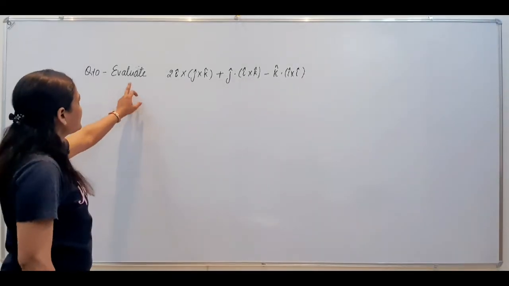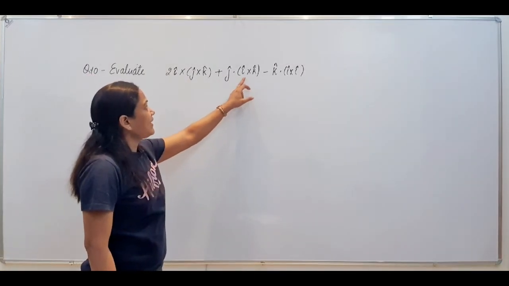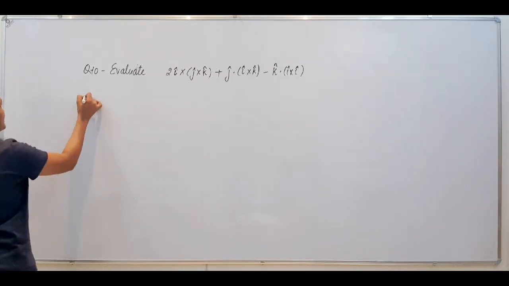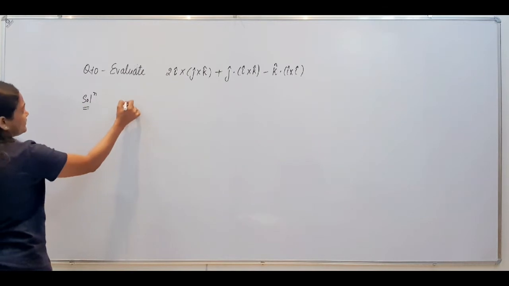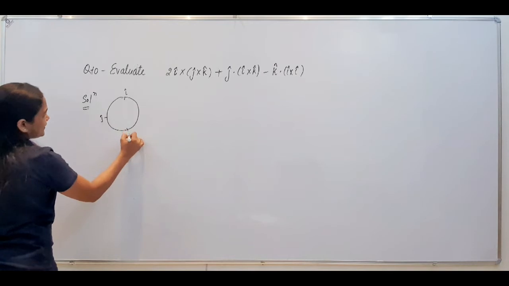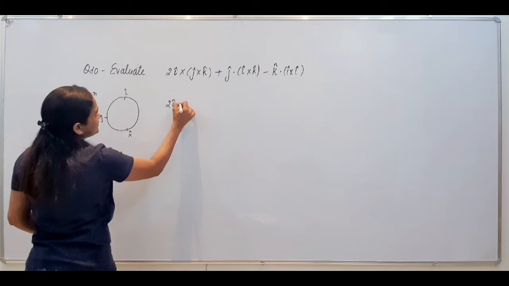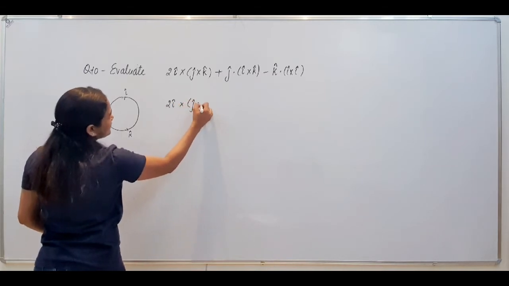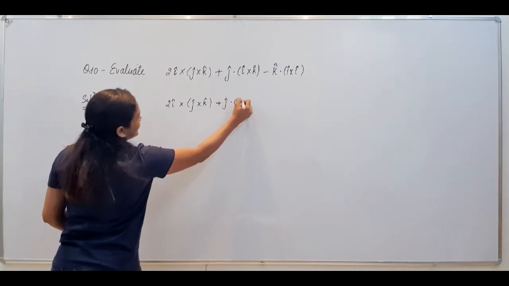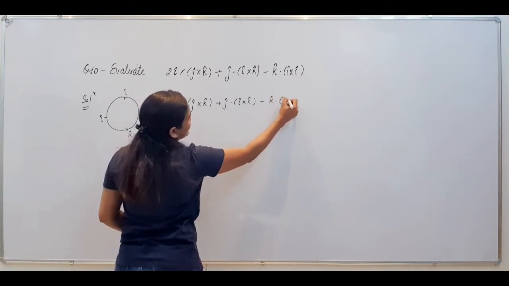In the 10th question, you have to evaluate 2i cross j cross k plus j dot i cross k minus k dot i cross i. आपको क्रॉस प्रोडक्ट के लिए you should know that i j k. तो सबसे पहले, first of all write down the question j cross k plus j dot i cross k minus k dot i cross i.